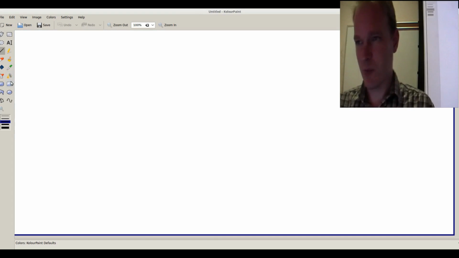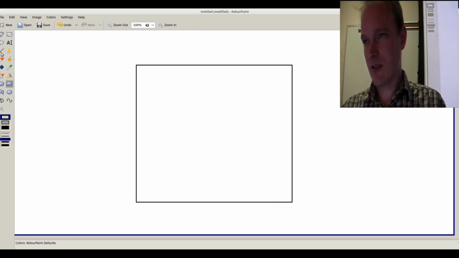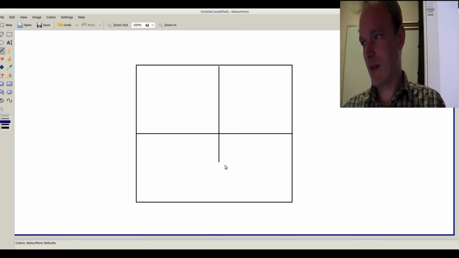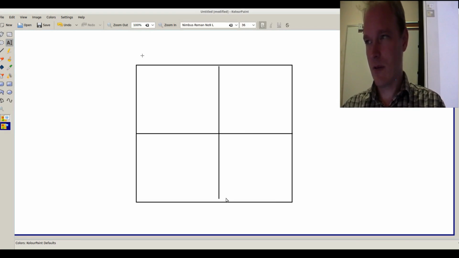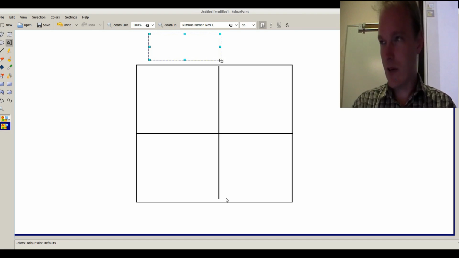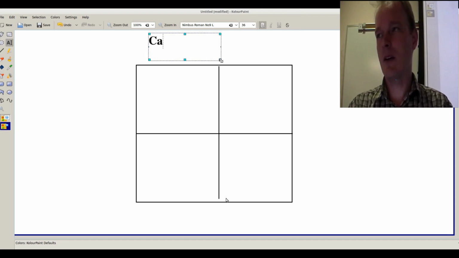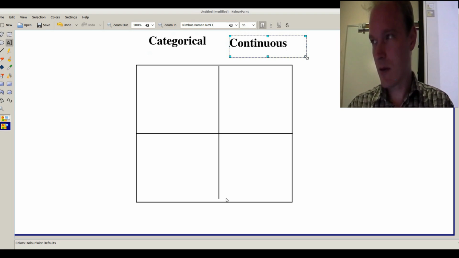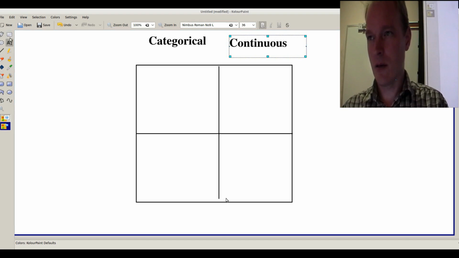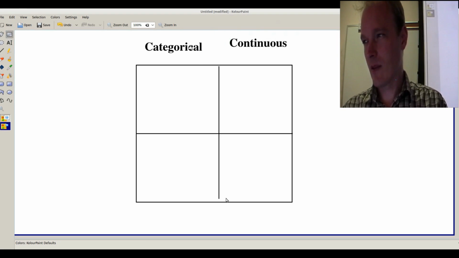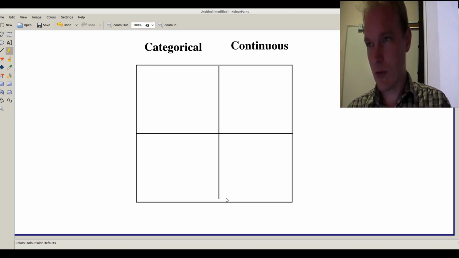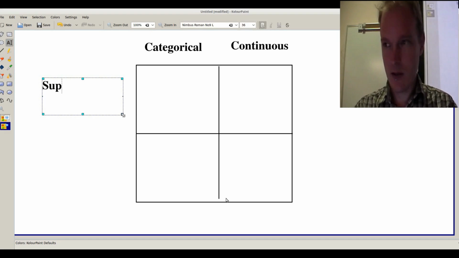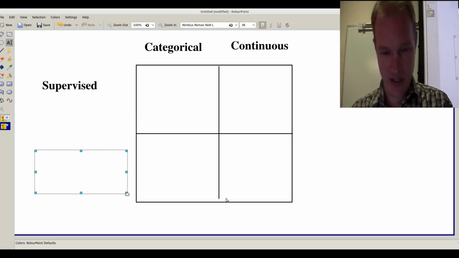Okay, actually, let me springboard off of that. Characterize some areas of machine learning. So our data is very often discrete, I'll say categorical, or continuous, right? And our operations tend to be supervised or unsupervised.